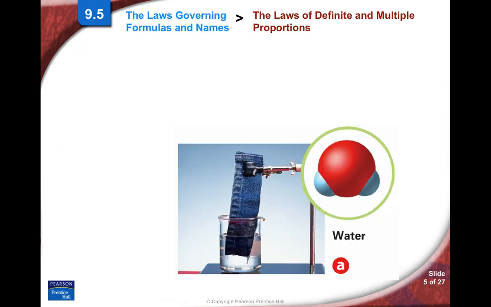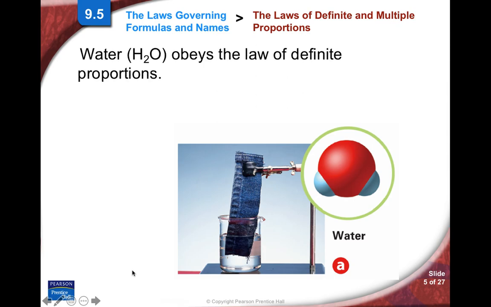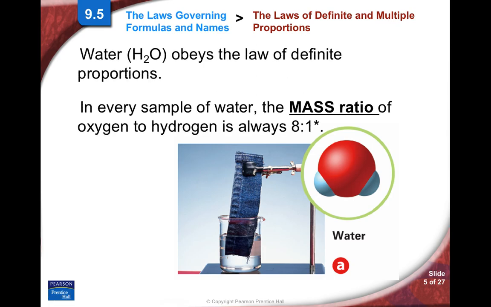This is a really bizarre picture from your book of a piece of blue jean in a beaker of water. You'll notice that the fabric looks darker in the water because that's what happens when things get wet. Water obeys the law of definite proportions, and when it's analyzed, every sample of water has a mass ratio of oxygen to hydrogen of 8 to 1.